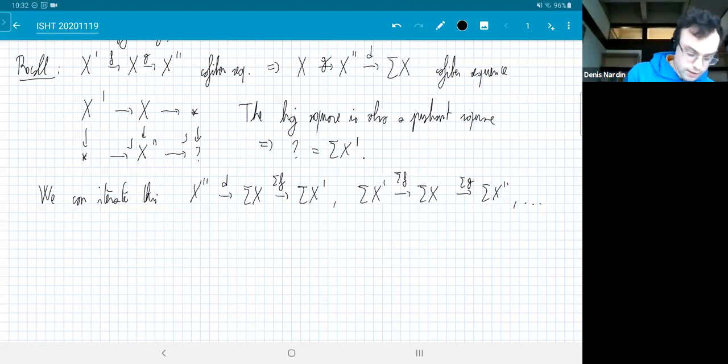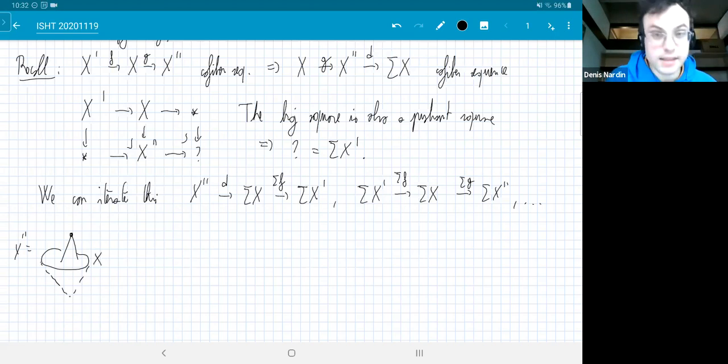You can actually think of it geometrically. If you take x double prime being a mapping cone, and you are attaching a cone on this x here, you can see immediately that it's equivalent to the suspension of x prime by collapsing this cone here, whose inclusion is a cofibration.